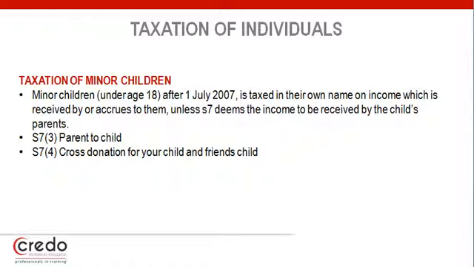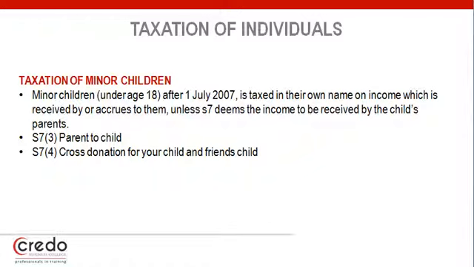However, you get instances where parents receive money and then they give that money through to their children and they want it to be seen as the child receiving the money. So section 7.3 anti-avoidance says, if a parent gives a child money, the parent will be taxed on that money and not the child. Now we get people who think of these little fancy schemes.